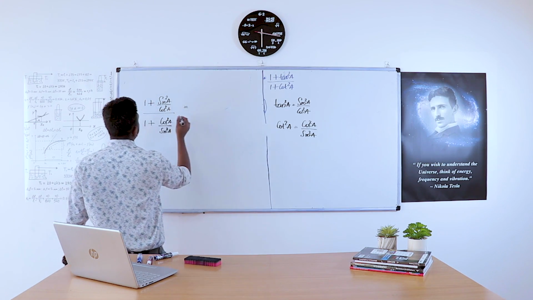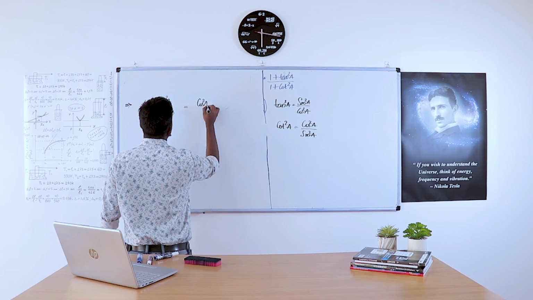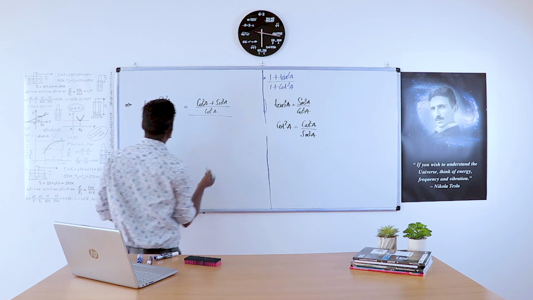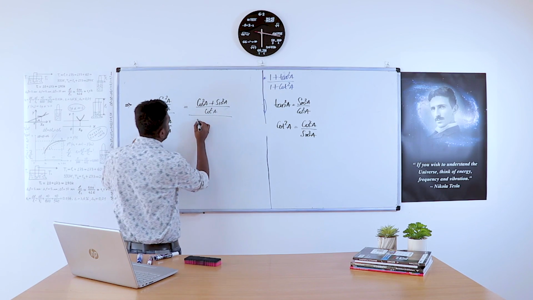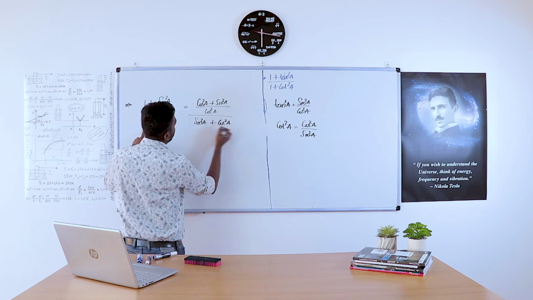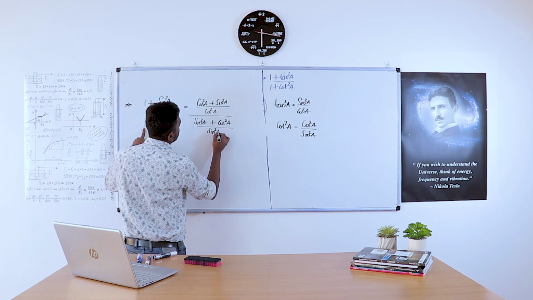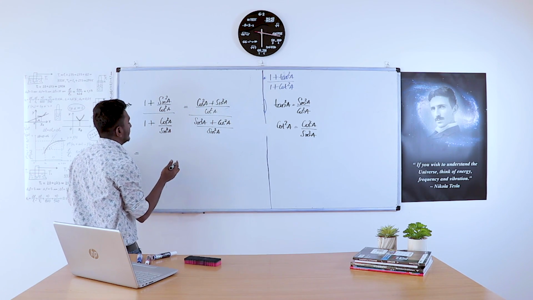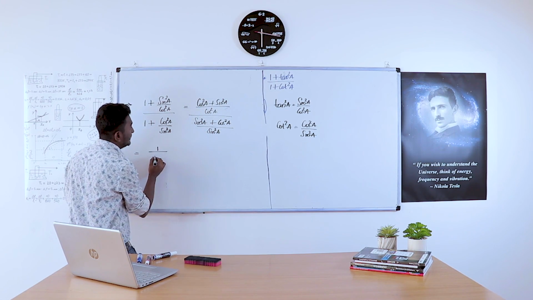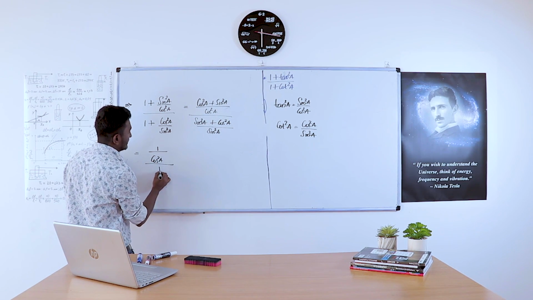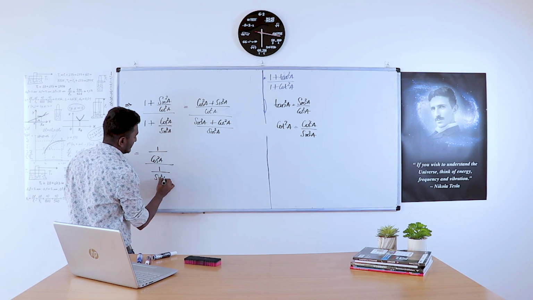Now cross multiply, we get cos square a plus sin square a divided by cos square a, whole divided by, here also cross multiply, sin square a plus cos square a, whole divided by sin square a. That is equal to, what is cos square a plus sin square a? It is 1 by cos square a, whole divided by sin square a plus cos square a, it is 1 divided by sin square a.